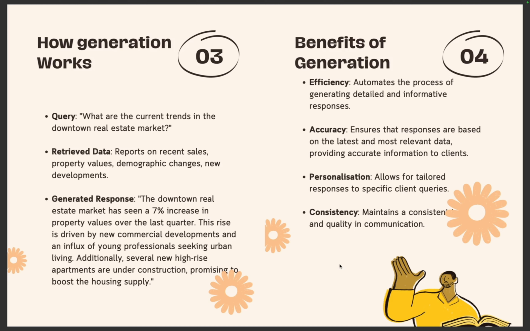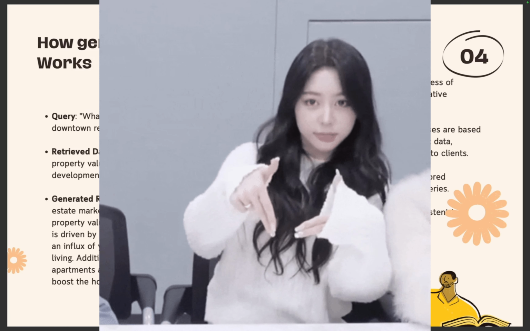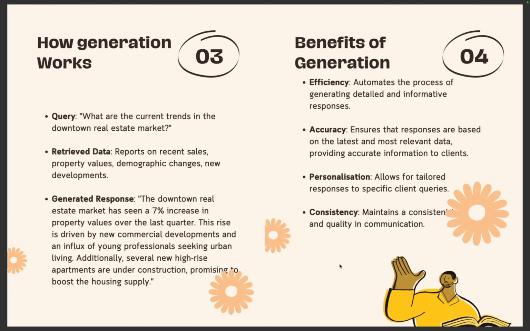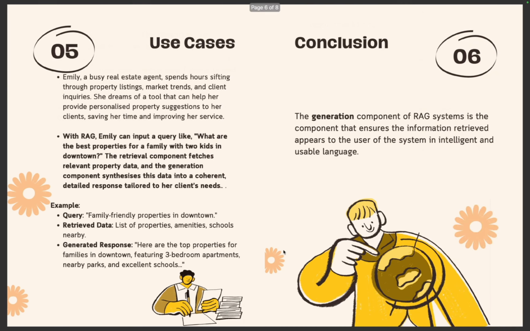And then you have the benefits of accuracy and personalization. Accuracy comes from the fact that the response is based on the documents that have been queried and the search results. And the personalization means that you can tailor the response to any specific queries, and the response you get would be consistent, because the source of that information is the exact same document that you've used as the context for requesting the answer to a query.